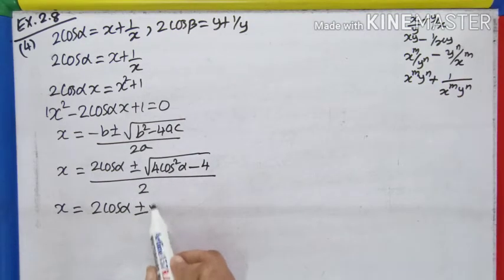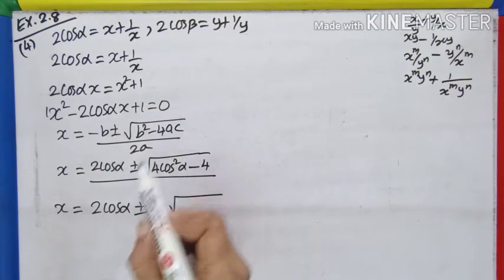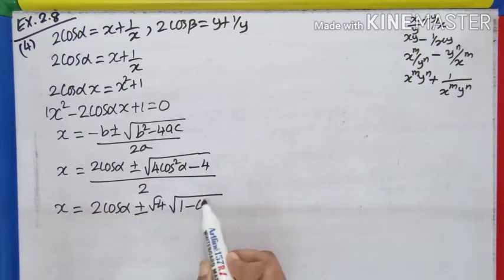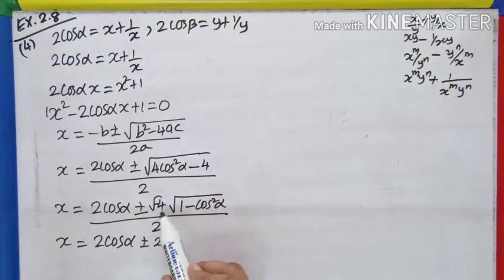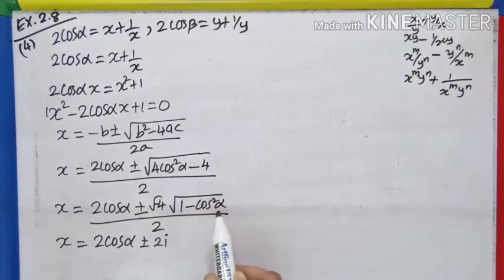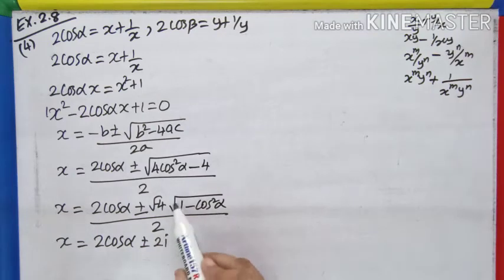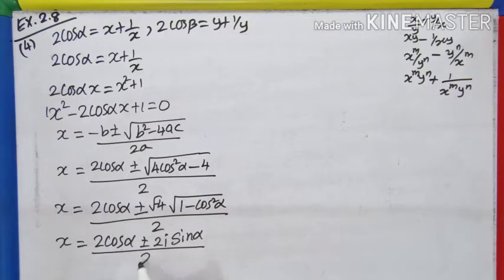It comes out as root of 4. Even I can write root of minus 4. So I am taking minus 4 out, means it is 1 minus cos square alpha divided by 2. x is equal to 2 cos alpha plus or minus, minus 4 means it is 2i, 4 means it is 2. Root of 1 minus cos square alpha becomes sin square alpha. Root of sin square alpha is sin alpha. The whole thing divided by 2.